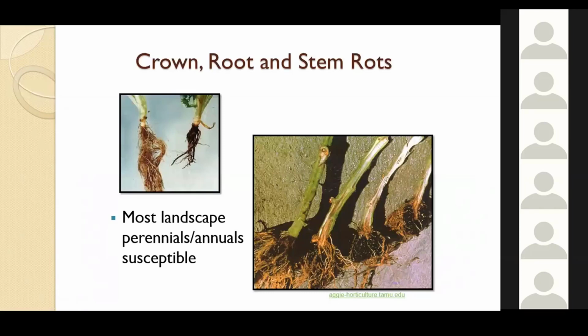Leaves rolling, tomatoes with leaves rolling on the top that have purple veins. Could be a few things. That could be an insect issue. That could also be herbicide drift, or that could be a sign of a virus issue in tomatoes.